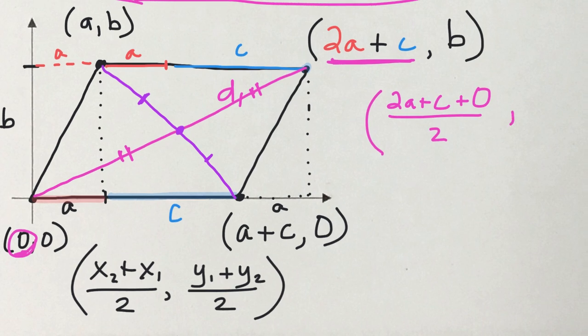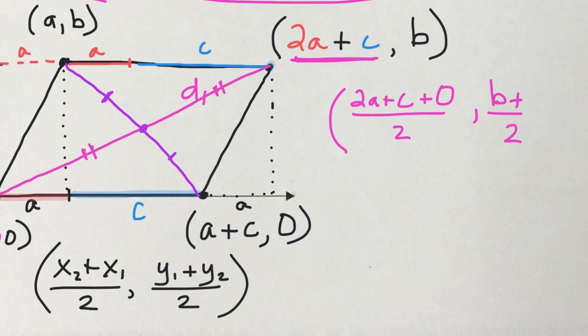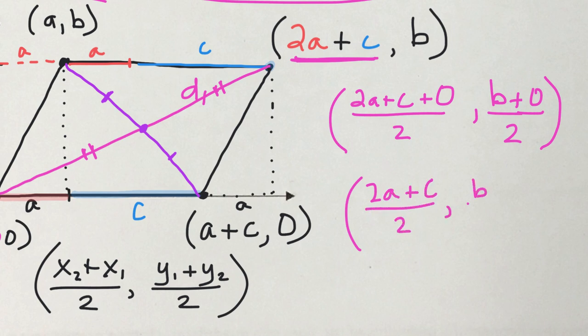And then the same thing for the y coordinate: b plus 0 divided by 2. We can simplify that a little bit by getting rid of the zeros. So (2a plus c) over 2 and b over 2. That's the coordinate of the midpoint of my pink line.